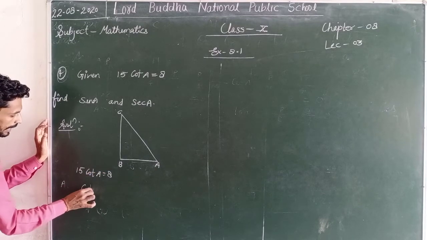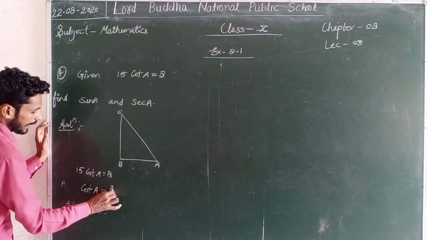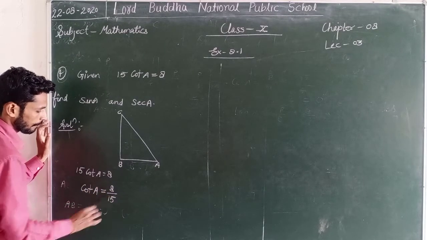That means we can write here cot A equals 8 upon 15.